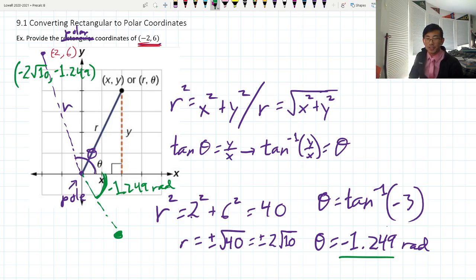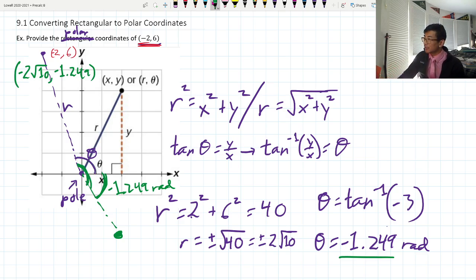Alternatively, you could just change the angle and use a positive r. So alternatively, you could use this angle by taking this guy and adding 180 degrees, because that's how far these guys are, because these angles are just pointing directly the opposite direction.